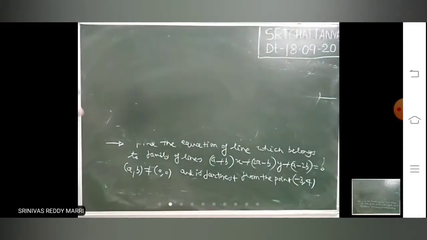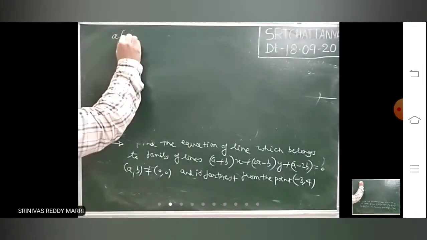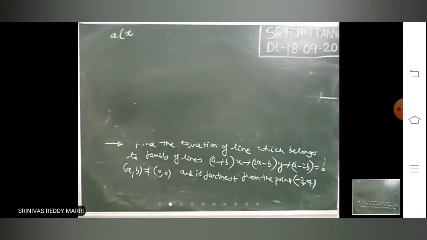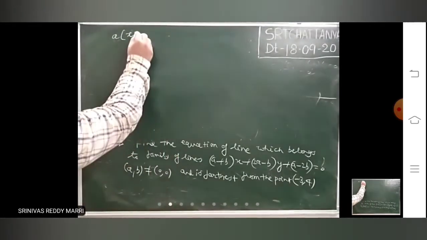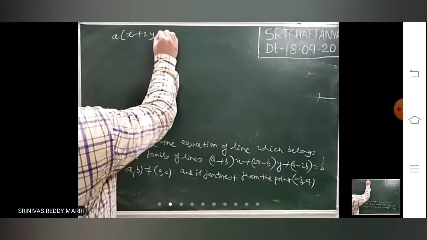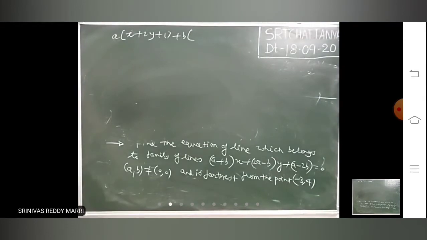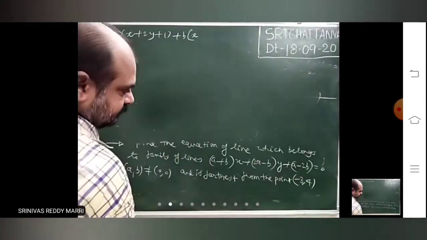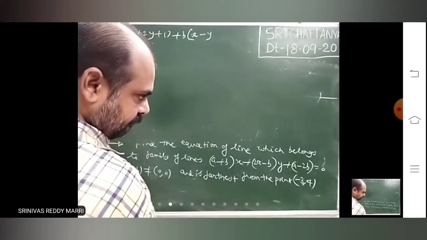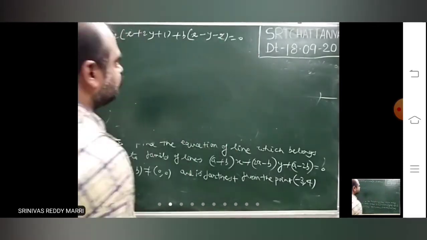I want a line belonging to this family of lines. What about this family of lines? You bring it to the form of a family of lines: a into x plus 2y plus 1 plus b into x minus y minus 2 equal to 0.